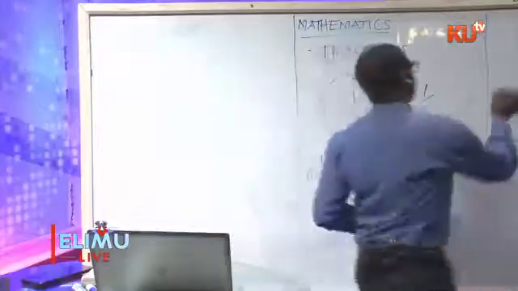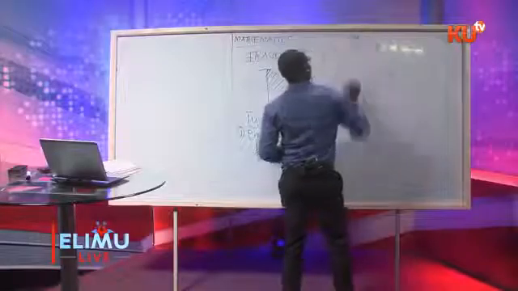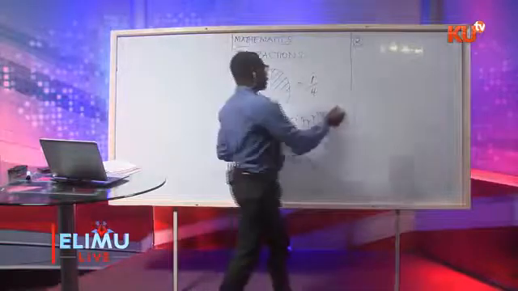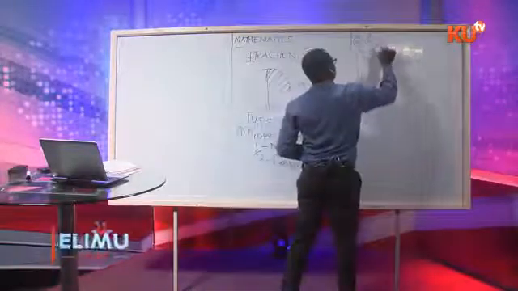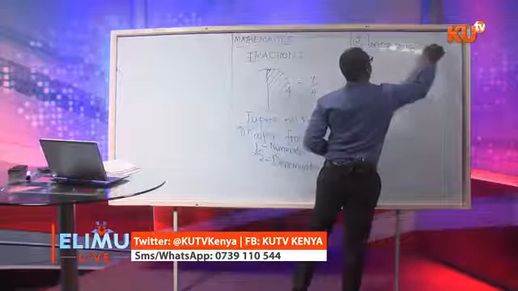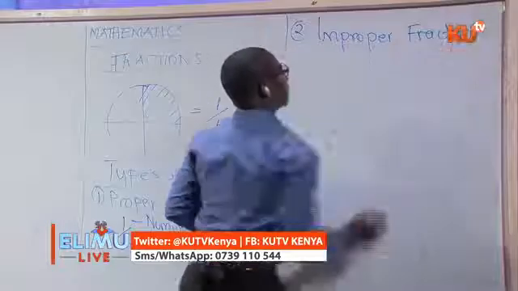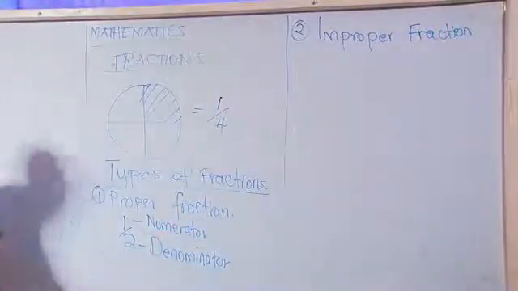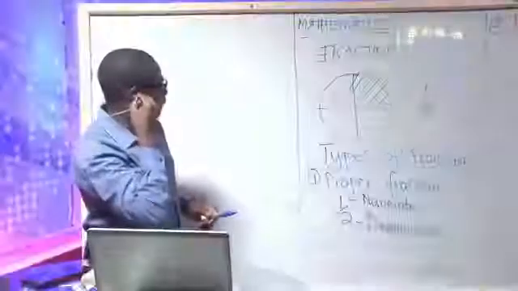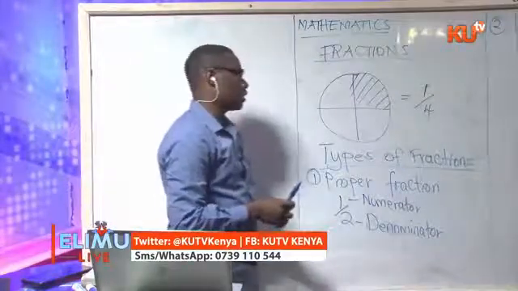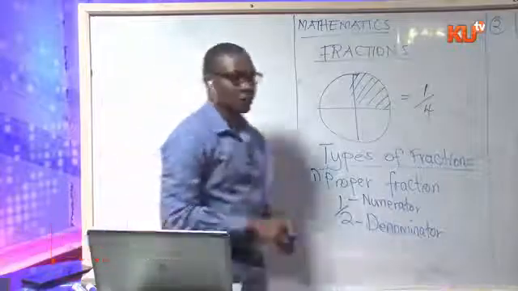Number 2, our second type of fraction, is the improper fraction. An improper fraction is the opposite of a proper fraction. If in a proper fraction the numerator is smaller than the denominator, what do you think an improper fraction will be?